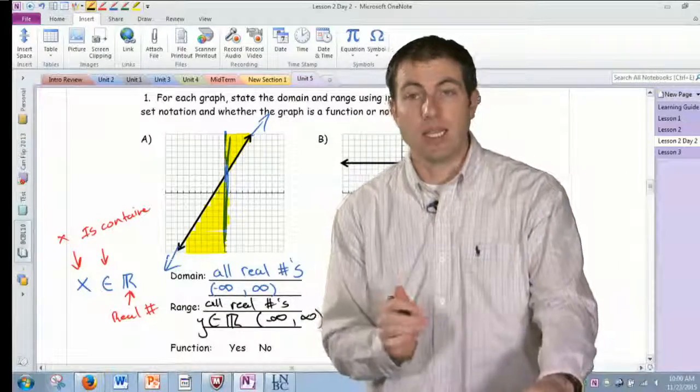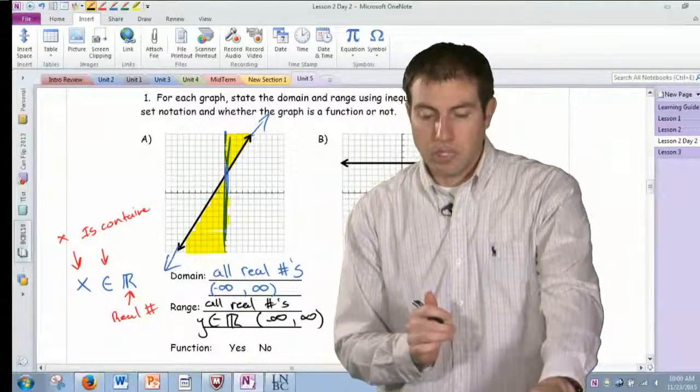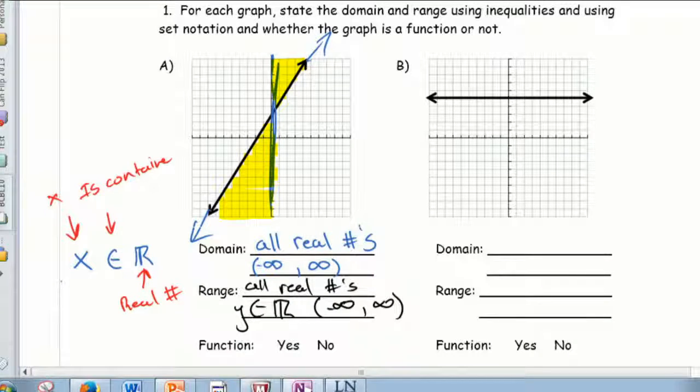All right. Letter B. We have a horizontal line. The domain is the x values. I'll just write it right up above it, x values. What x values is this graph using? So if I take a point here and drop it down, it's using that x value, that x value, that x value.